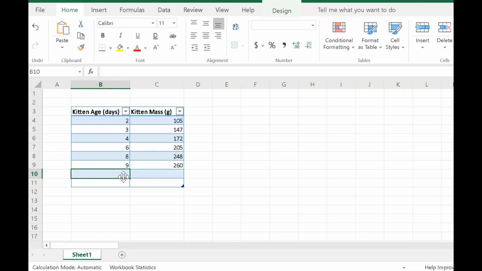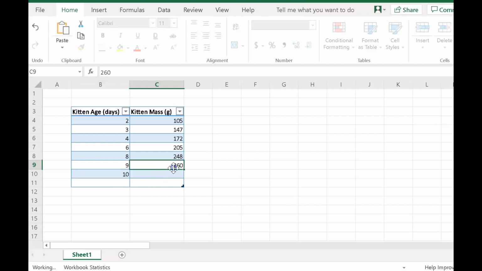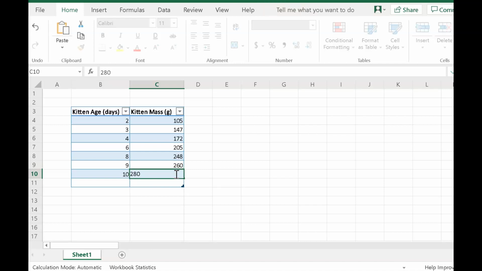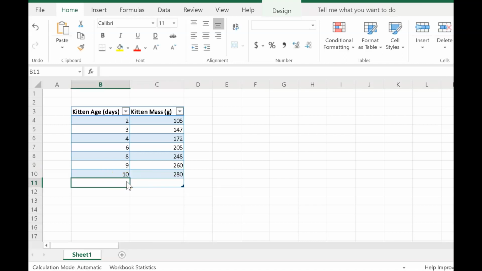And then I have day 10, 280 grams. Let's pick another measurement here. So we're looking at day 10, right?